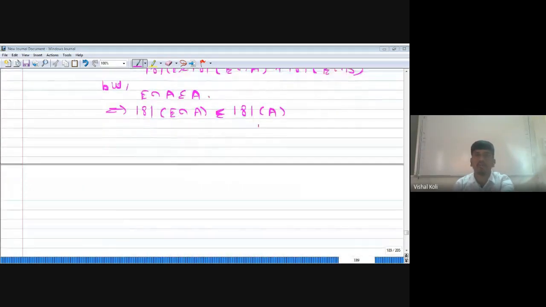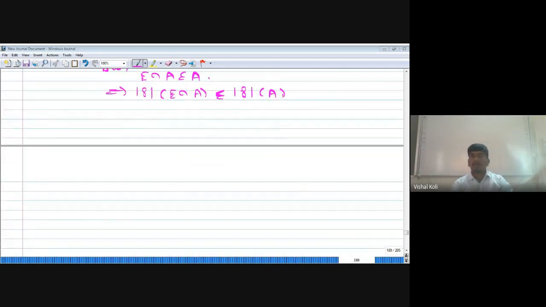So total variation of gamma of this set will be equal to 0. As modulus of gamma is a total variation, it must be non-negative. As this one is non-negative and less than or equal to 0, it must be equal to 0. So we get total variation of a measure gamma of E intersection A will be equal to 0.